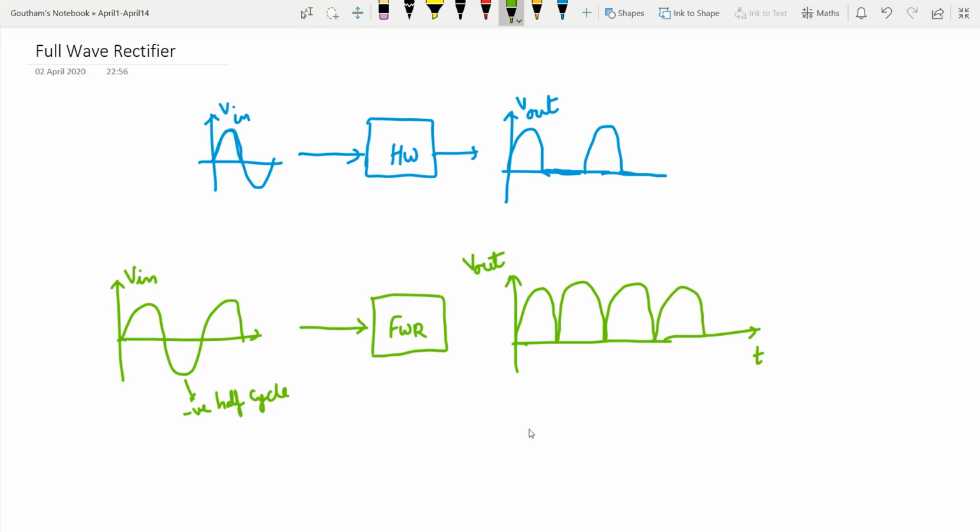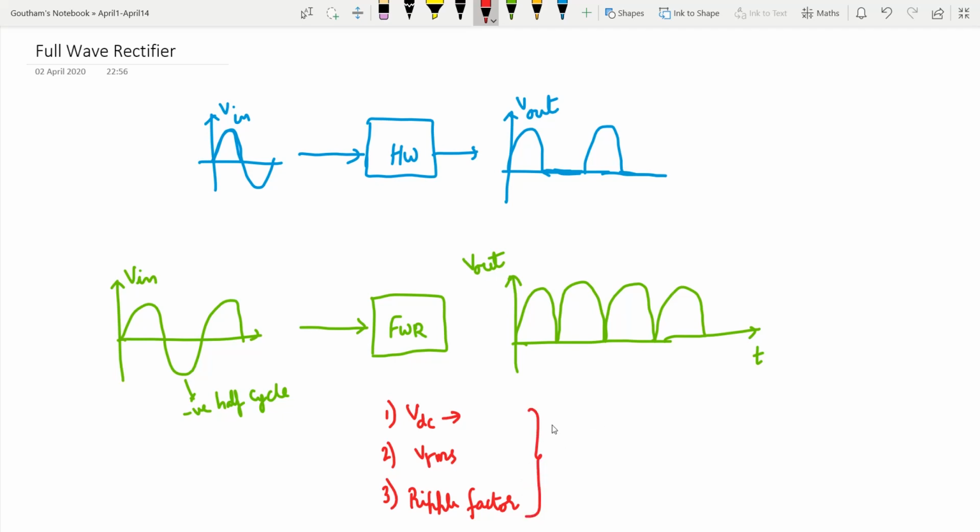Now if you remember, for the half wave rectifier we derived three important properties: one is VDC of the rectified output, the second is VRMS of the rectified output, and the third is the ripple factor. For the full wave rectified output, I expect you to come up with these three.